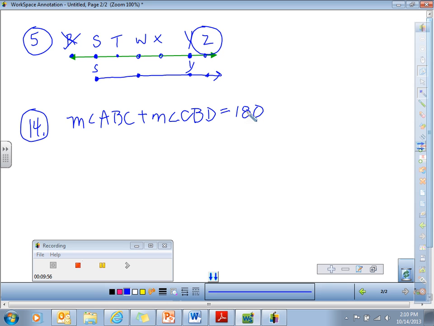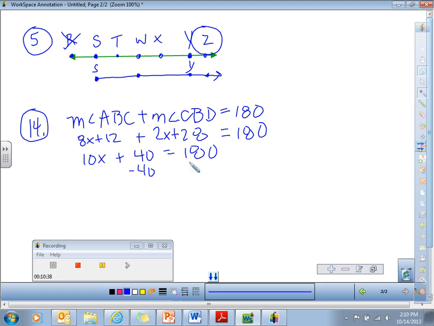You add those two together to equal 180. x is equal to 14, and you plug it back into ABC.